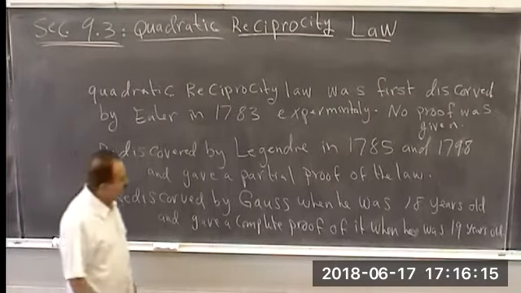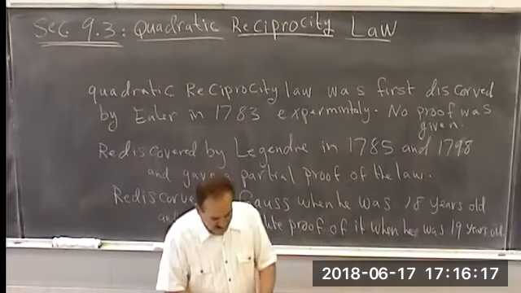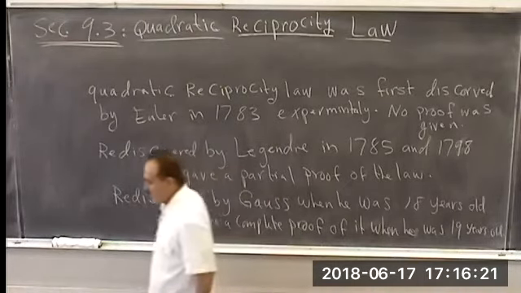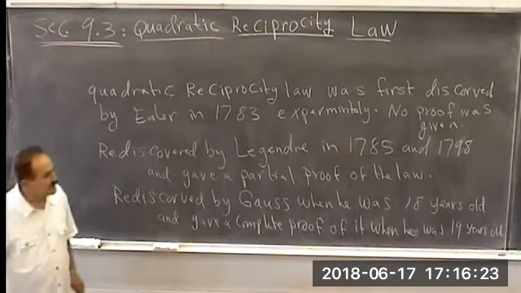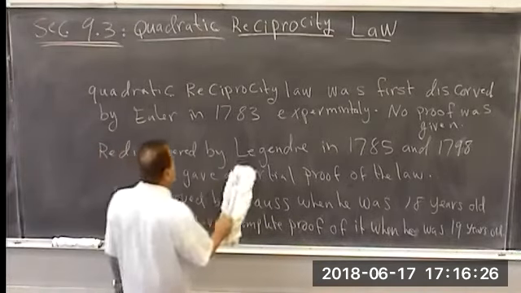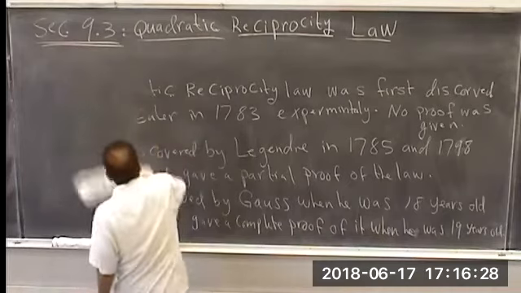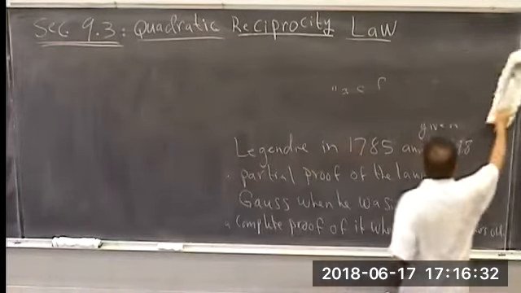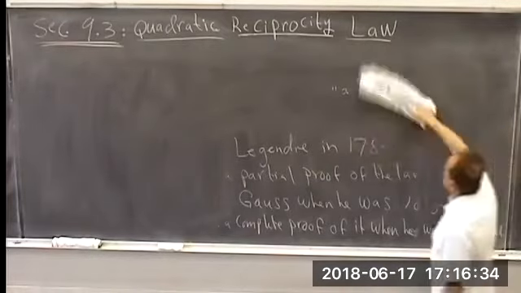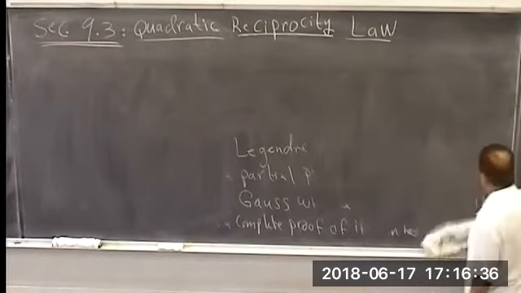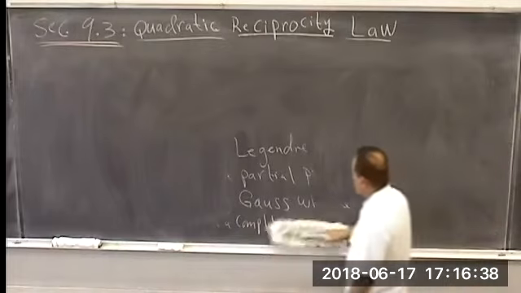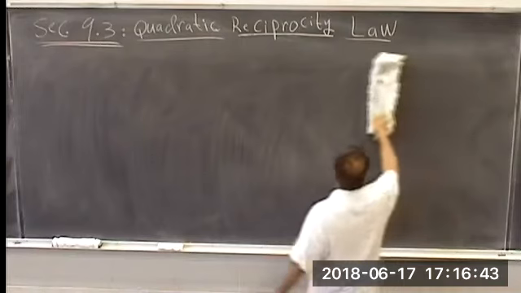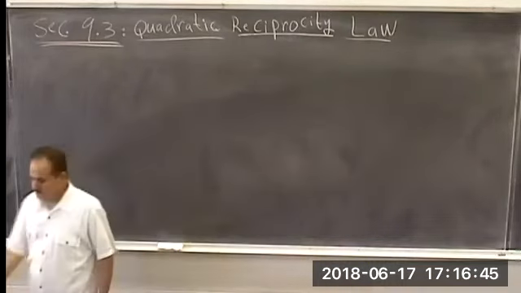Now we are ready to state and prove the quadratic reciprocity in the form that Legendre stated it. But the proof we will give is not Legendre's proof, because his proof was incomplete. We will give a complete proof.